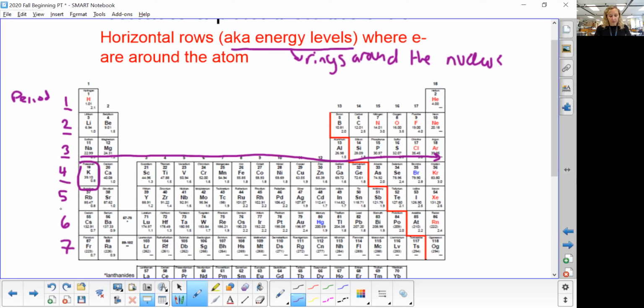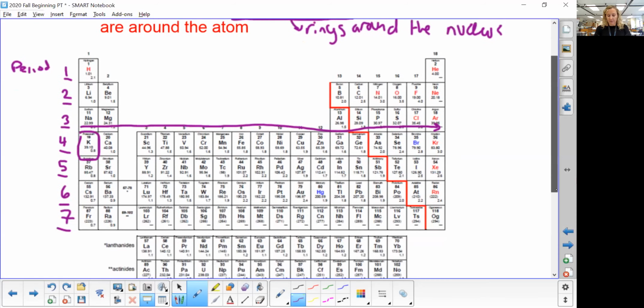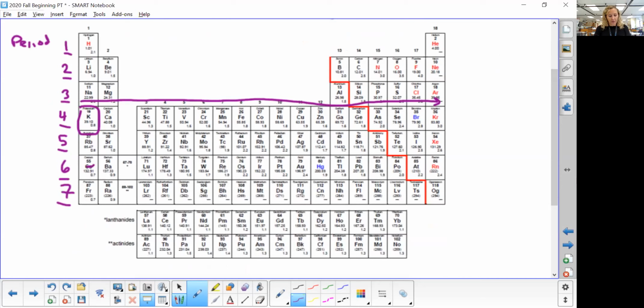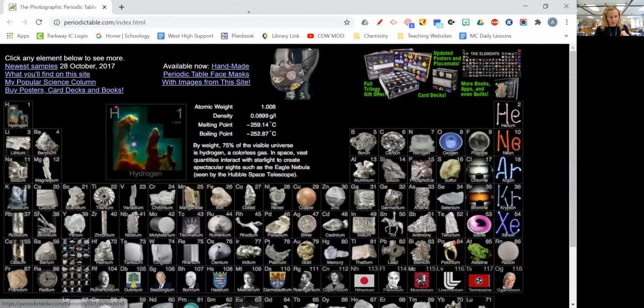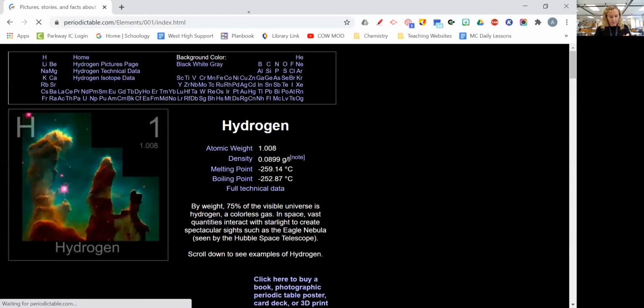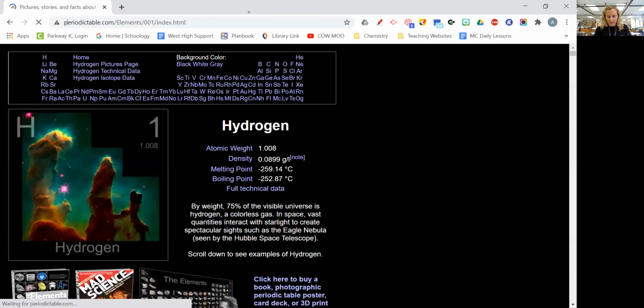The elements down here in the 5th, 6th, and 7th, and then we have seen that 55, 56, 57 through 70 are down here, and that's just to make the periodic table not so wide. You did see on the photographic periodic table, when you clicked into an element, like hydrogen, it shows the long periodic table.